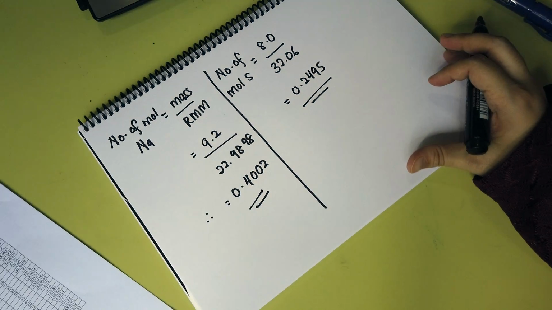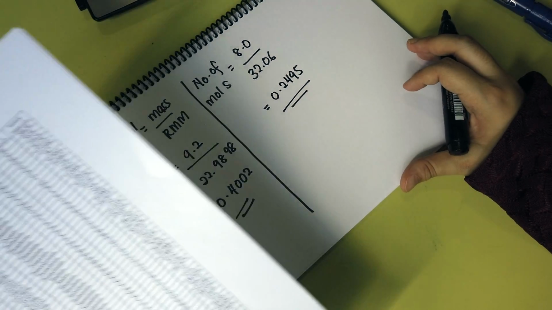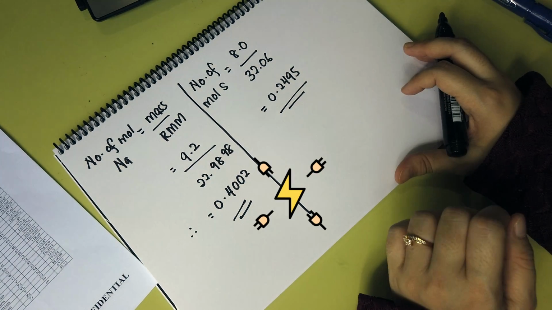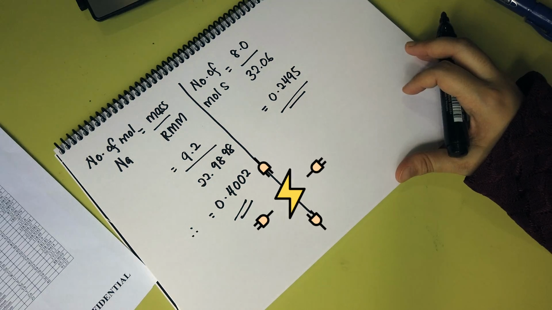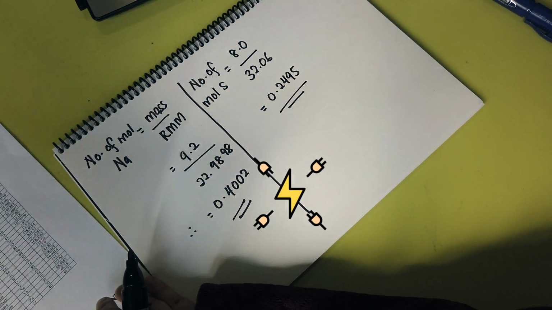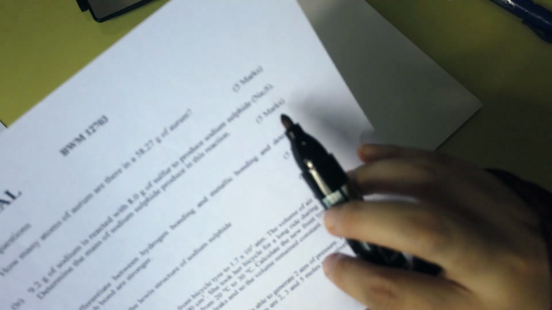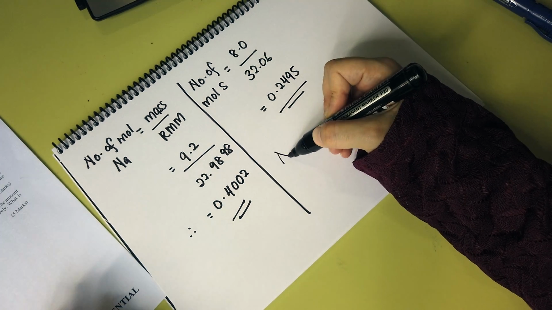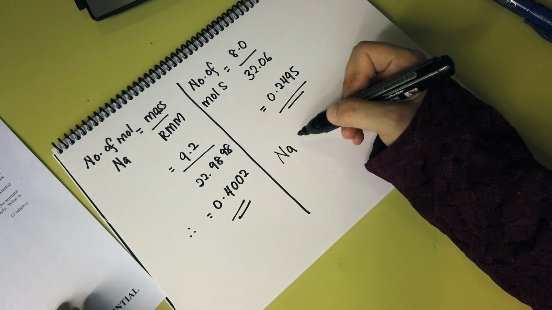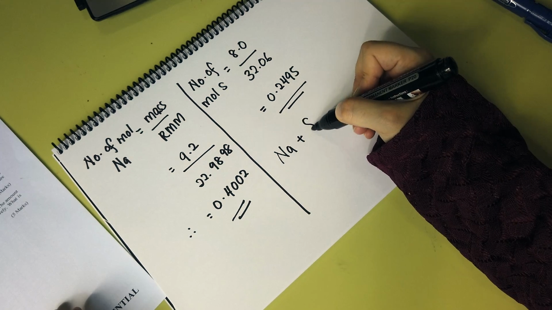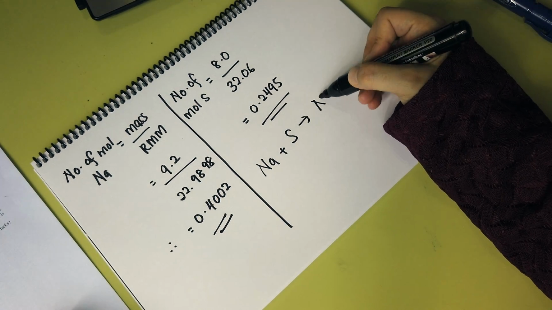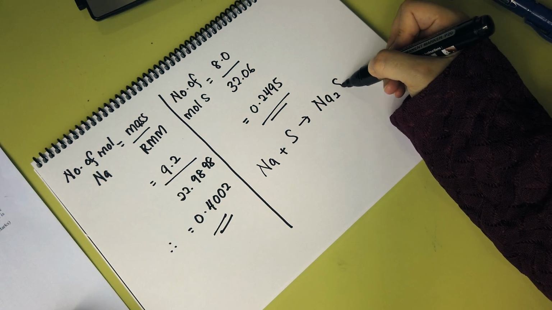Okay, next, what do you need to do? Since you know that sodium and sulfur both are the reactants, and in the question a clue has been given to you that sodium sulfate will be produced, we can say that Na plus S should produce Na2S.